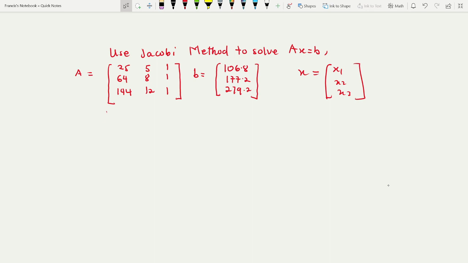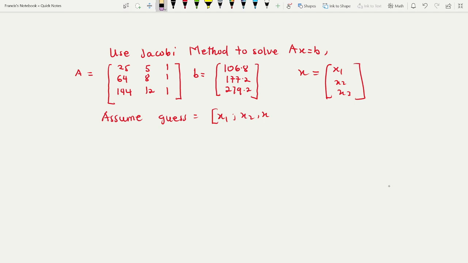So from the question, assume initial guess. So most questions they will give you the assumed guess, okay, to ensure uniformity. The assumed guess is given as X1, X2, X3 as. So let me do it in the column form.